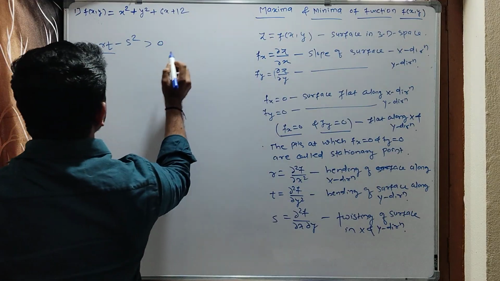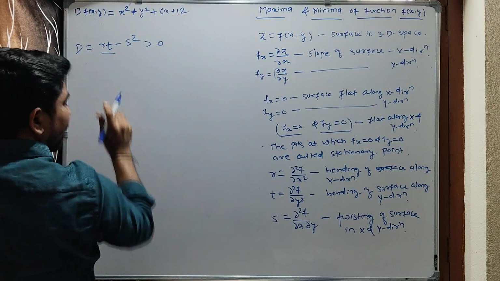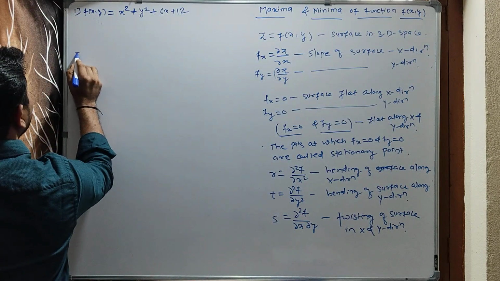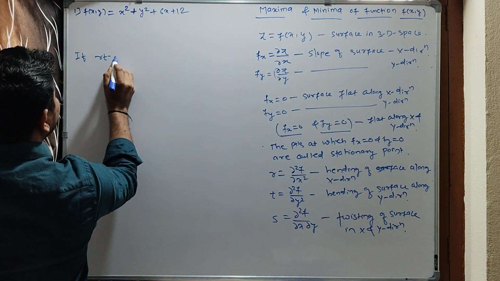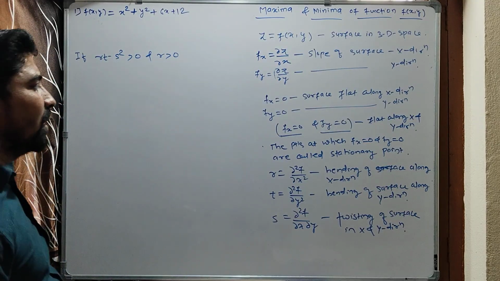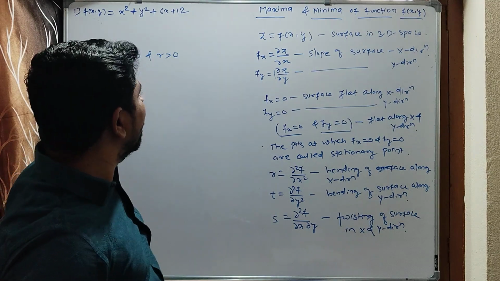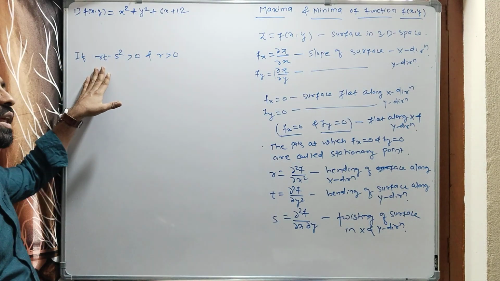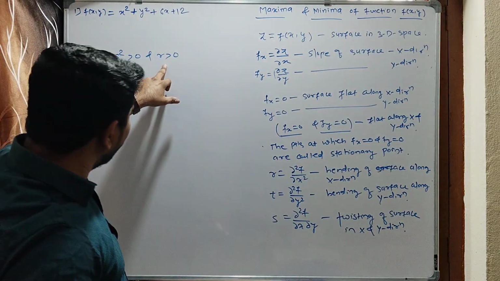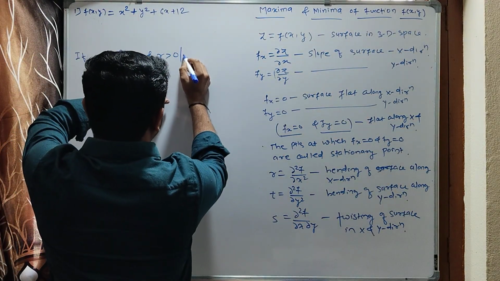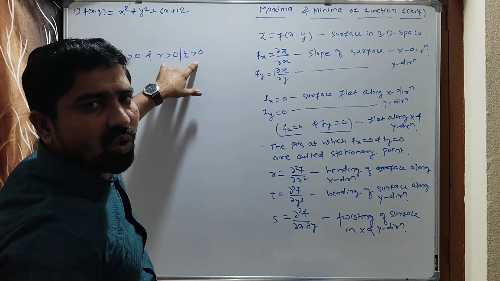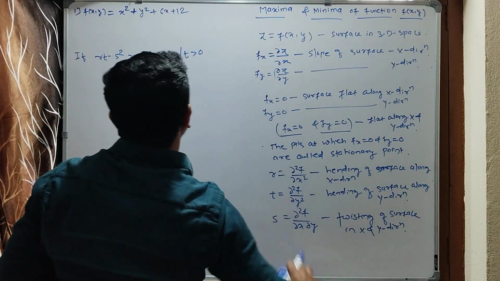Now if rt minus s square is greater than 0, I will write the case when your function has maxima and minima. Here, if rt minus s square is greater than 0, the surface bends either downward or upward, and r is greater than 0 or t is greater than 0, either one. So I will write only r is greater than 0.